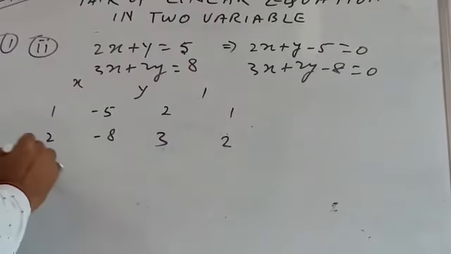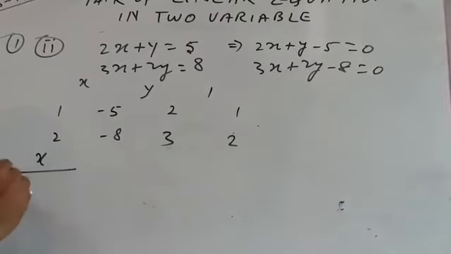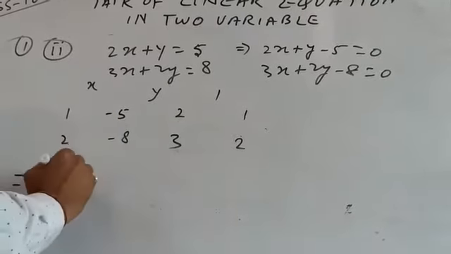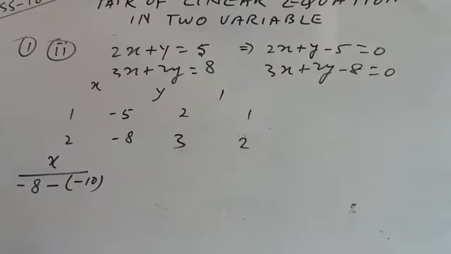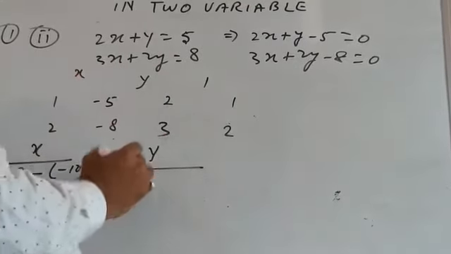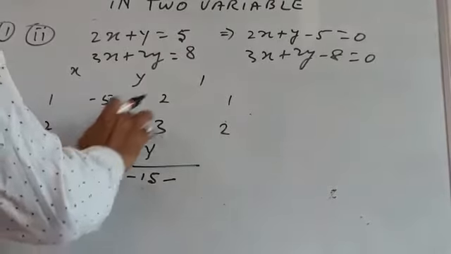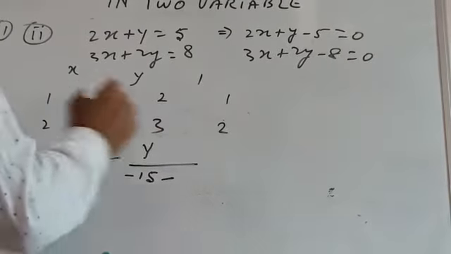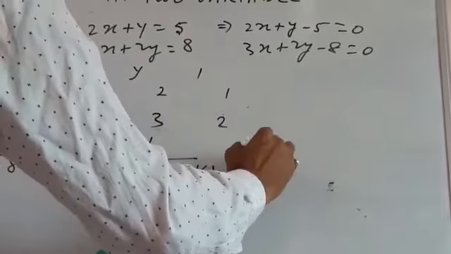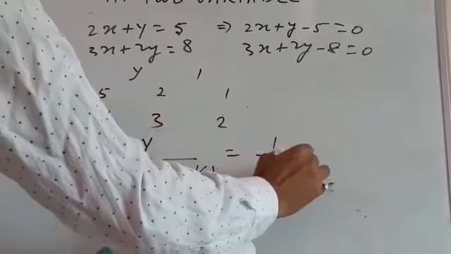Now we start with x upon this into this, meaning minus 8, and write the sign of minus, and this is minus 10. This is equal to y upon this into this, meaning minus 15, minus sign, and 8 into 2 is 16, so this is minus 16, and is equal to 1 upon this, which is 4 minus 3.